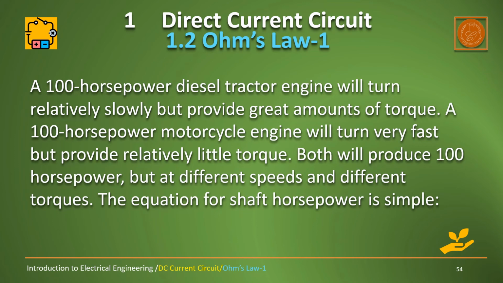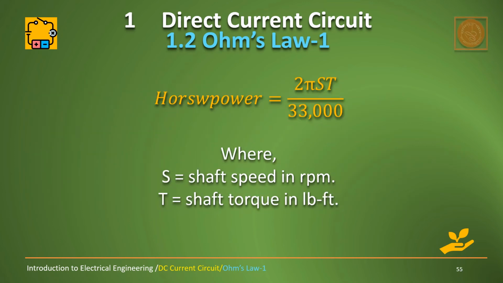The equation for shaft horsepower is simple. Horsepower equals 2 pi S T divided by 33,000, where S is shaft speed in RPM, meaning revolutions per minute, and T is shaft torque in pound-feet.